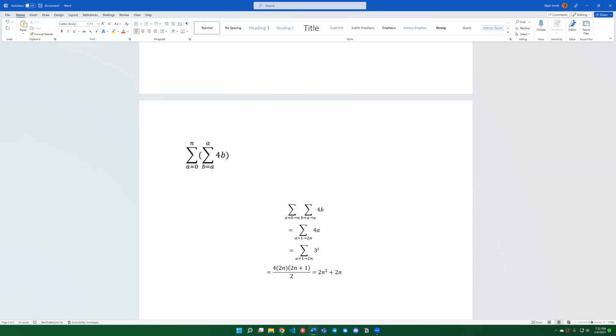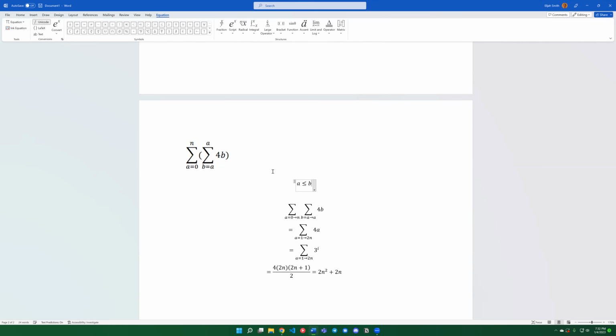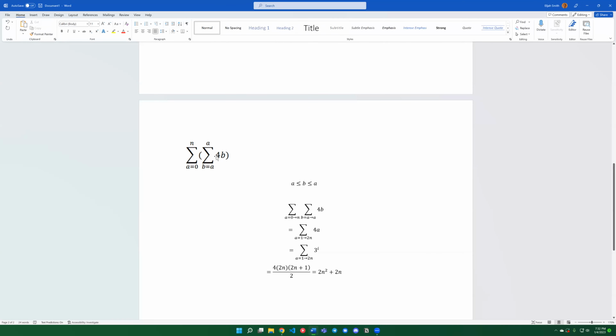So b goes from a up until and including a. So the only time this summation runs, or the only thing that's added here, is the case where b is equal to a.